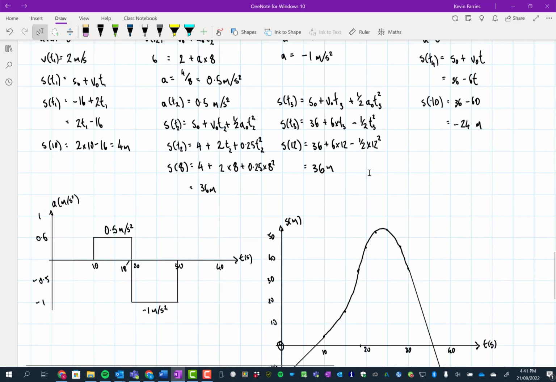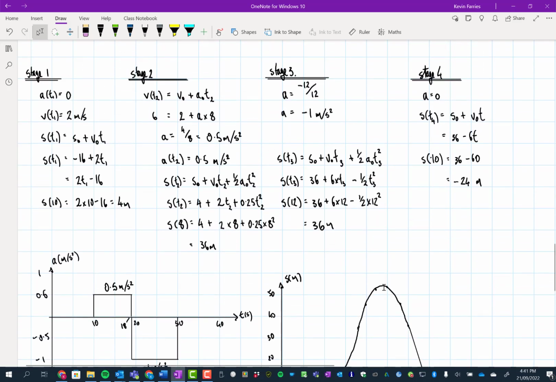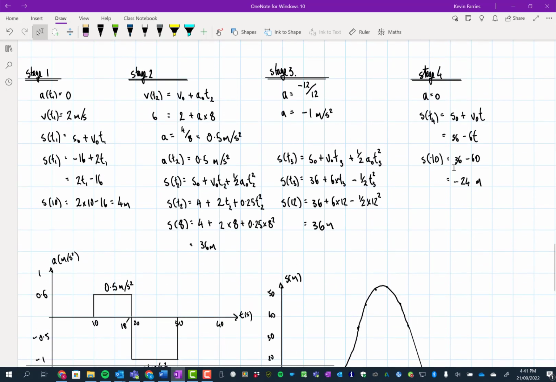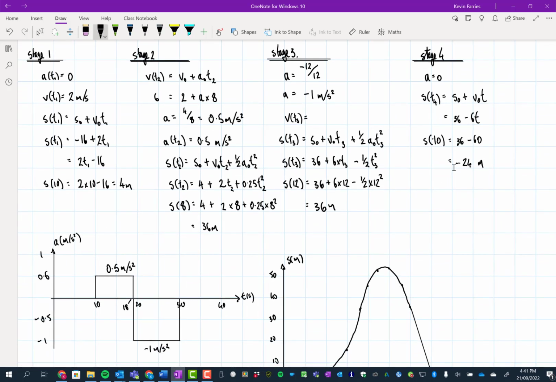Now we can guesstimate it. It looks like it's about 55 or something like that. But we better calculate it exactly. So I'm just putting down the velocity equation. Velocity at time t3 from the start of this stage is just going to be equal to v naught plus acceleration for this stage times time.